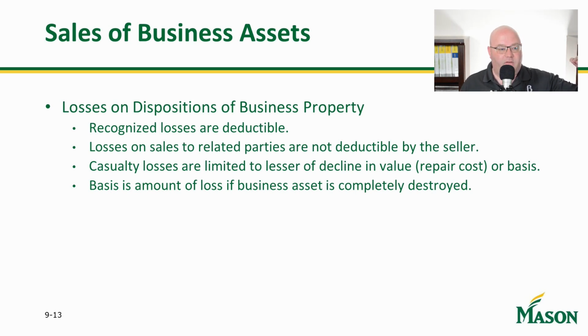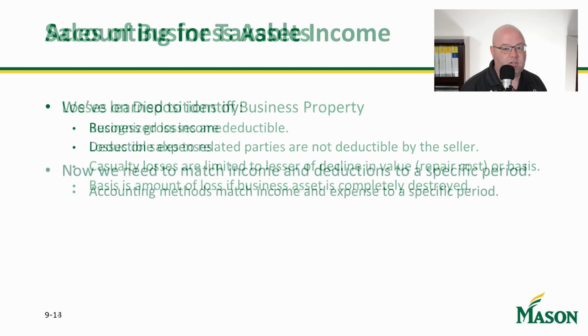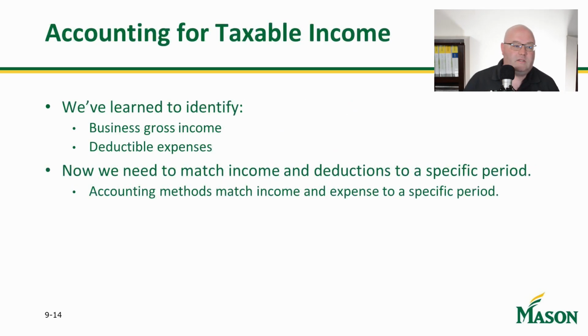They say that everything in that area, because of the hurricane, dropped fair market value down to $100,000 for the land and everything. What is my deduction that I'm allowed for a casualty loss? It's going to be based off of the basis. I can't take any more than the $200,000 in basis. So there's going to be a limitation there. Basis is the amount of loss if the business asset is completely destroyed. That's kind of what it is.